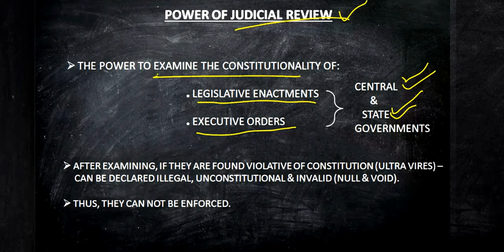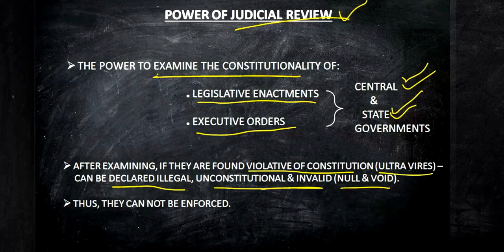And if the Supreme Court finds that the law is violative of the constitution, then it will declare that legislative enactment or executive order as ultra vires. That means it will be declared illegal, unconstitutional. It is also called null and void, which means unconstitutional and invalid.